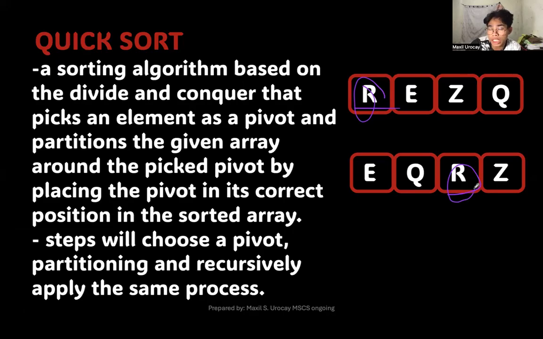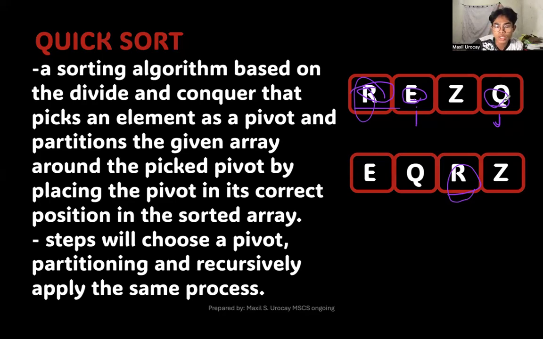In each partition, you will compare I and J. For example, I is your E and your Q is your J, and you compare them: if a value is lower than the pivot, you put it in the leftmost, and the rightmost must be greater than the value of the pivot. That's our focus, and we'll illustrate that later on.